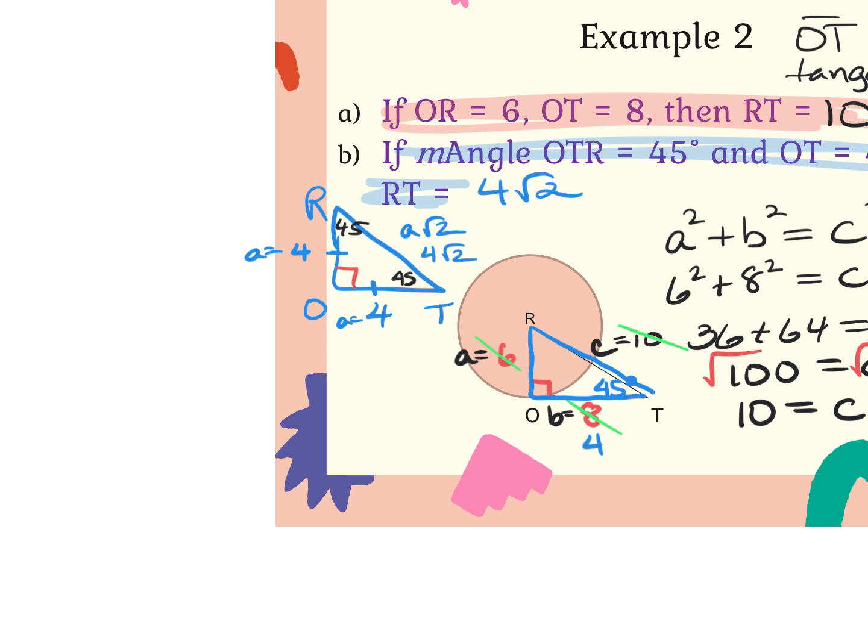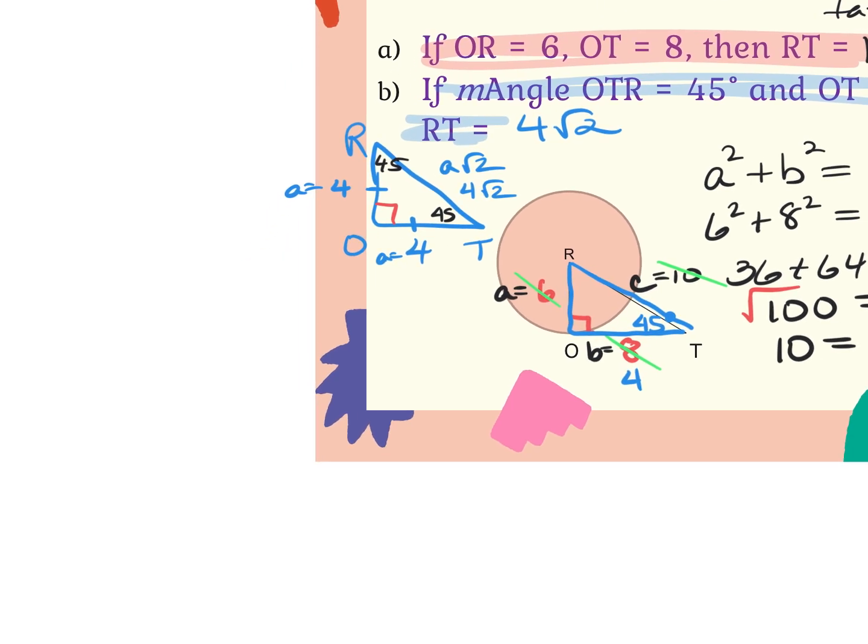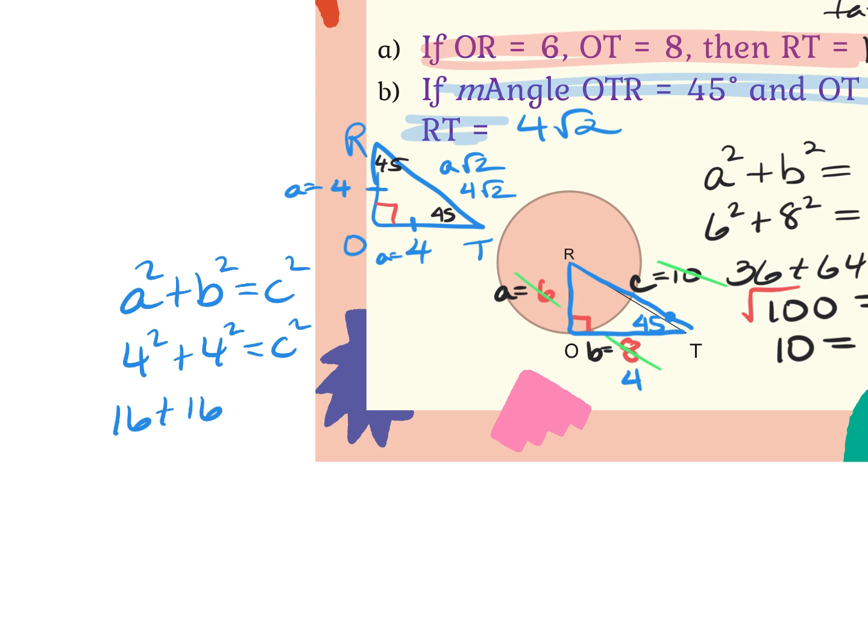Now, one other thing you could have done is, let's say you forgot the relationship of the sides of the 45, 45, 90. You can also do the Pythagorean theorem as long as you realize that the two legs, OR and OT, are both 4s. To get RT, square the 4s and add them.